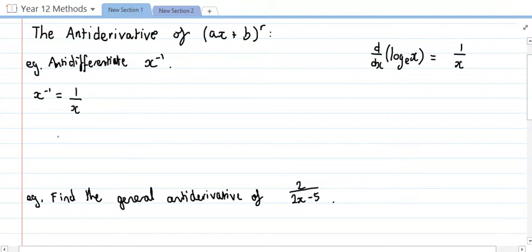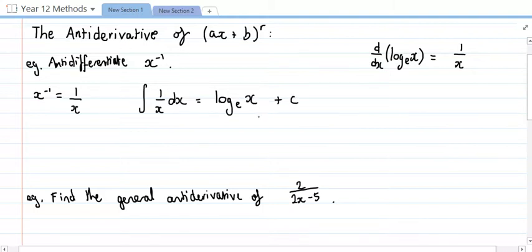So when we anti-differentiate this, we're doing the antiderivative of 1 over x with respect to x. We're going to go back to having this. So that is just log e of x and then plus c.